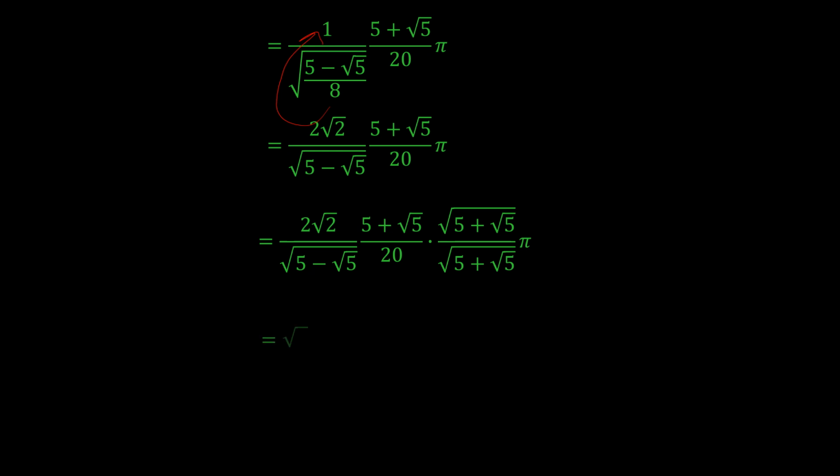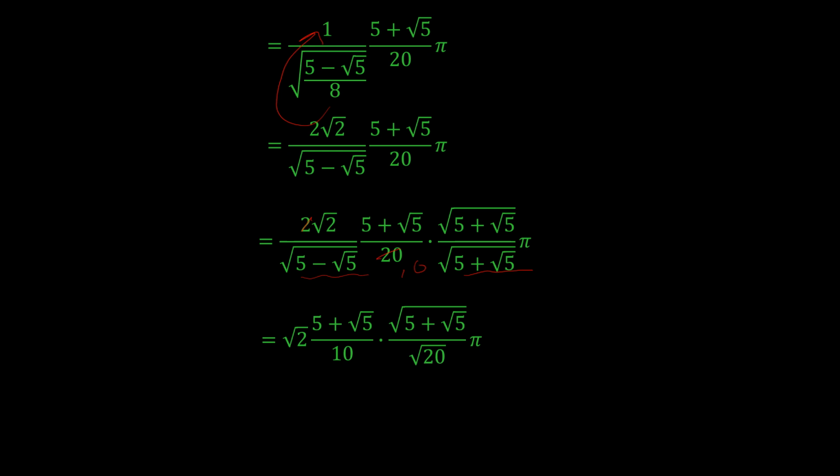And what that means is that even after cancelling with this, so that we have 10 here, we have square root of 2, 5 plus root 5, 10, and under the square root sign we have square root of 20, because we found out that 5 plus root 5 times 5 minus root 5 is the same as 20.